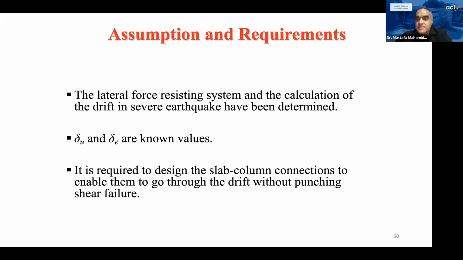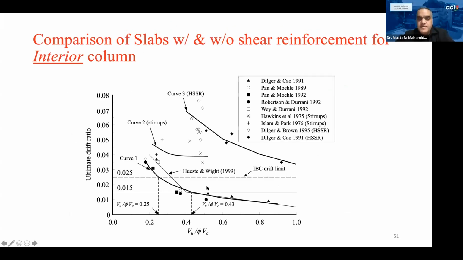So here, the provisions started from this figure, which is based on many tests, whether using shear reinforcement, whether it's headed studs or stirrups, or without. Okay, so you can see here different researchers did different tests.